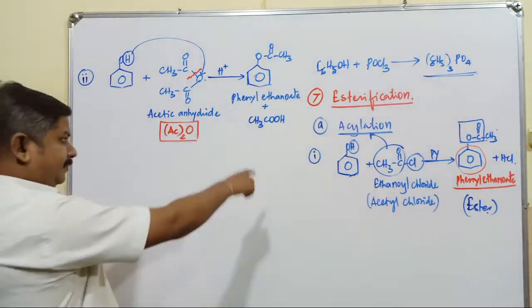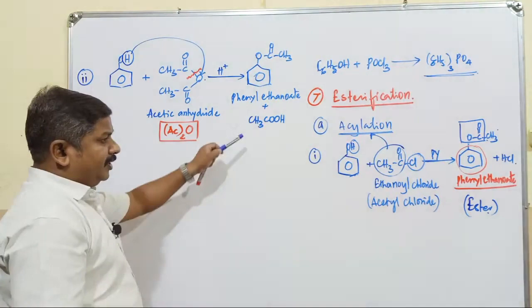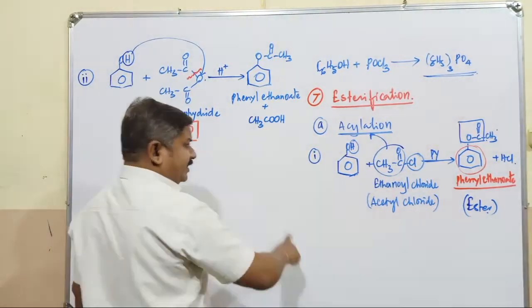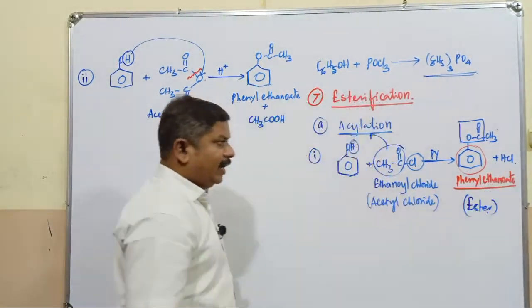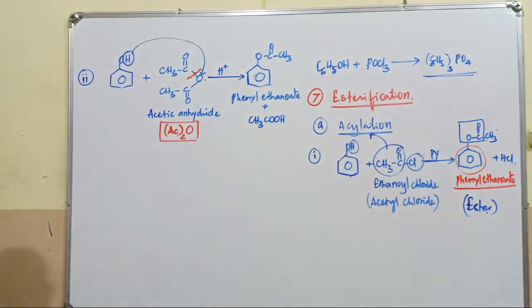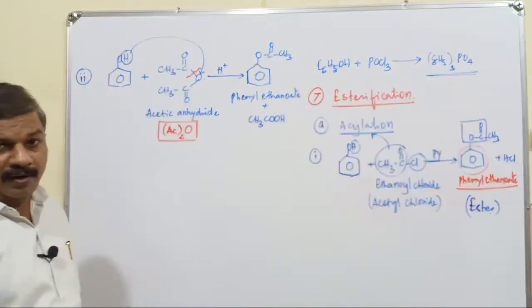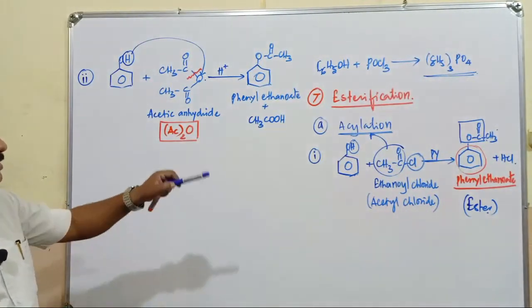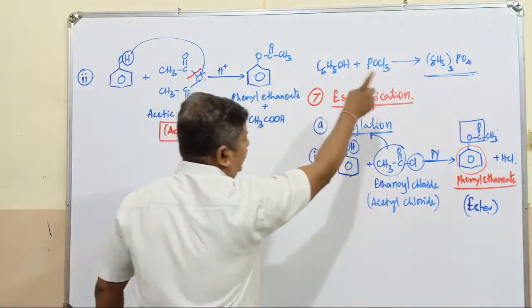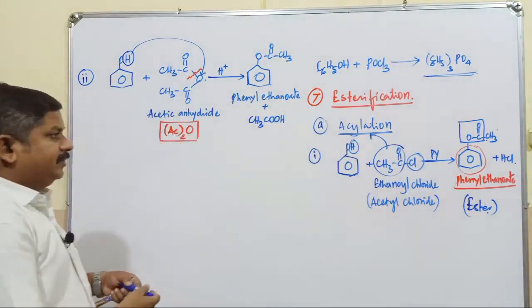Formation of phenyl ethanoate plus what compound? Acetic acid. Here acetic acid is produced. Here hydrochloric acid is produced, and these two reactions come under what? Acylation of phenol. Right? This is an esterification because this is also an ester.